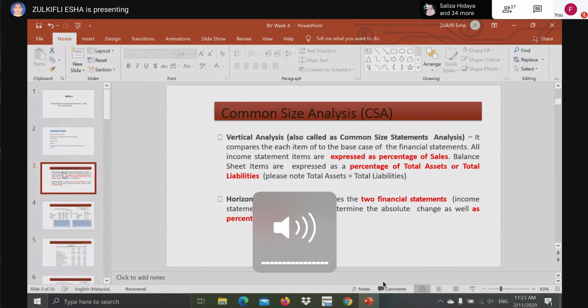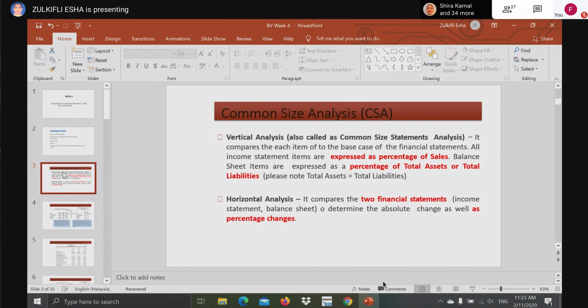Income statement items are expressed as a percentage of sales. Balance sheet items are expressed as a percentage of total assets or total liabilities. So basically, common size analysis, or common size statement analysis, is an analysis for each item from the income statement and items from the balance sheet.